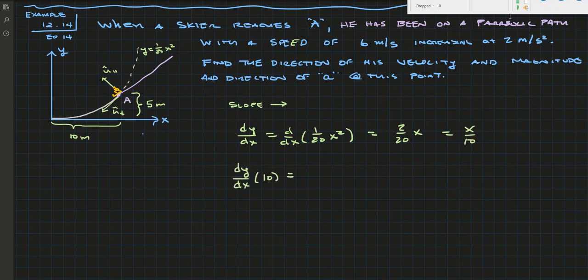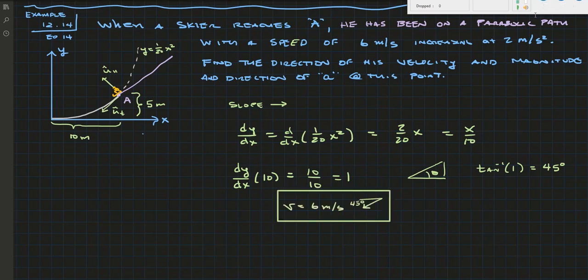So since our position of x is 10, our slope at 10 equals 10 over 10, which is 1. So our rise over run is 1. That means that the arctangent of 1 equals 45 degrees, which makes sense. Boxing our velocity: 6 meters per second at 45 degrees, since that is the arctangent of 1.